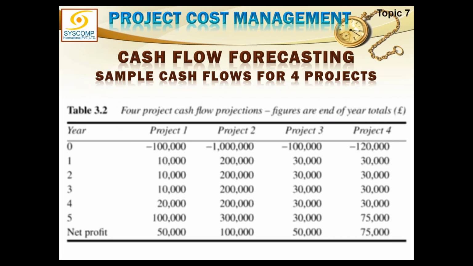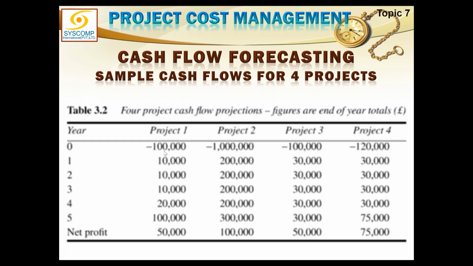Okay. Right. So you can see here, although this is from project management, just consider these are not project 1, 2, 3, 4. They are option 1, option 2, option 3, option 4. These are the various estimates we have calculated. If we are taking option 1, the investment is 100,000.